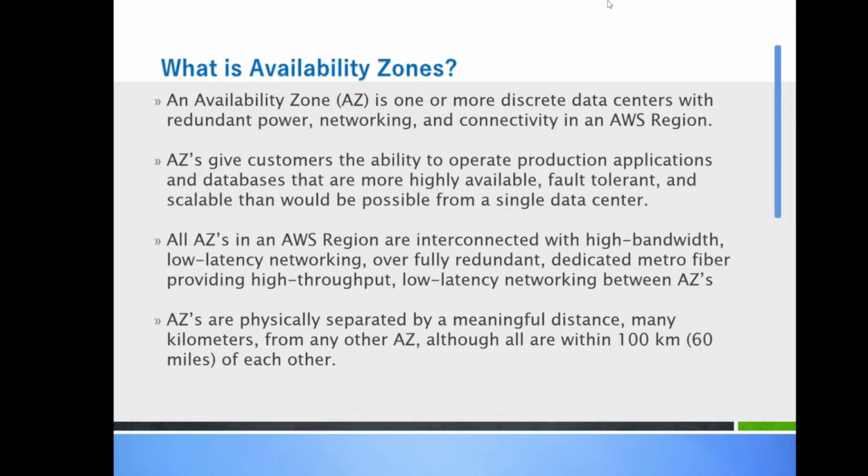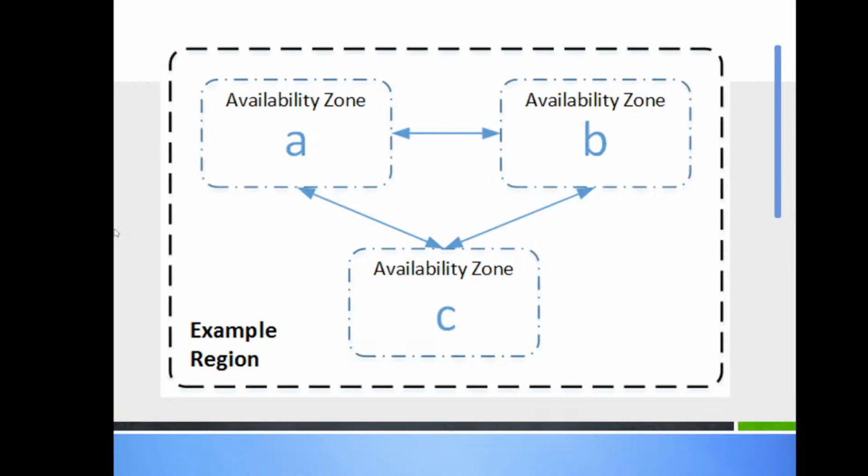All AZs in a region are interconnected with high bandwidth, ultra low latency networking, with fully redundant dedicated metro fiber providing high throughput, low latency networking between AZs. So in a region, as I said, there should be at least three availability zones.